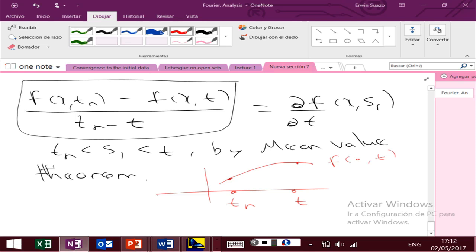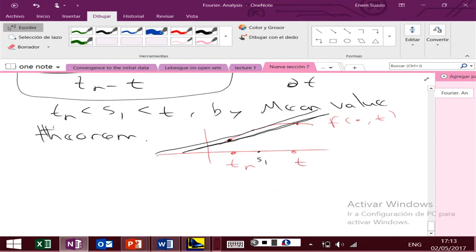It is the slope of the secant line connecting these 2 points. And then the theorem is saying that there is an s1 here such that the slope of the tangent line is the same. So that's the mean value theorem. So you believe that, right?